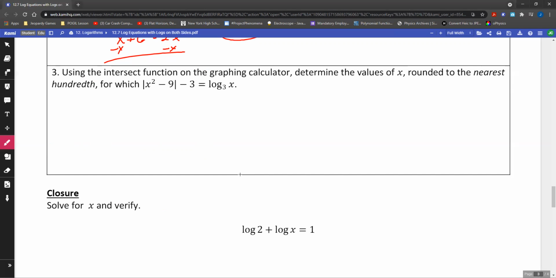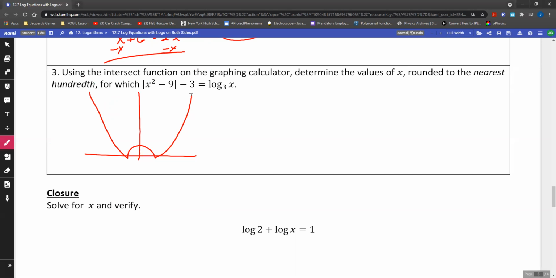So you should end up with a graph that looks something like this. Comes in, little semicircle, and then comes back out, almost like a cool W. And then that's one of the graphs, and then you get another one. The log term doesn't really appear too well on here.